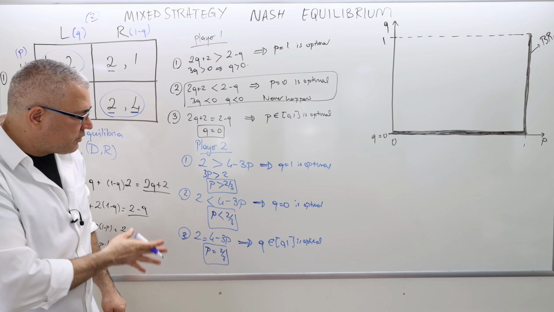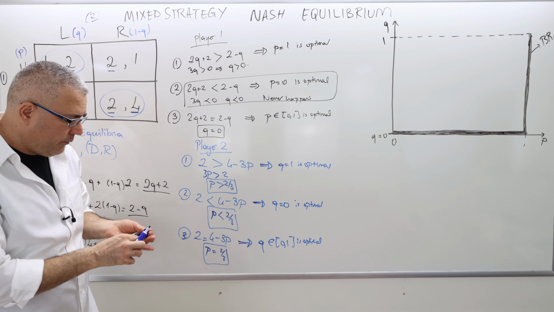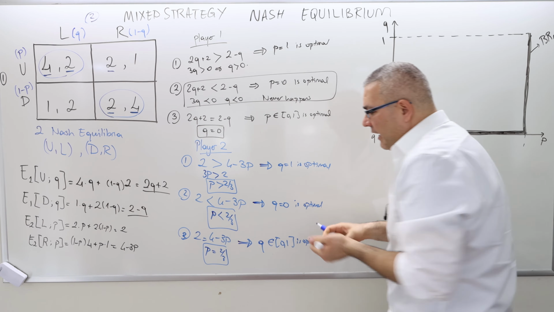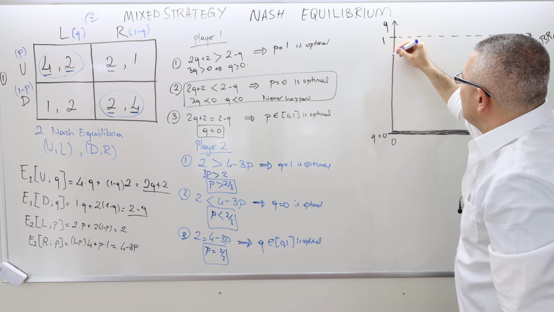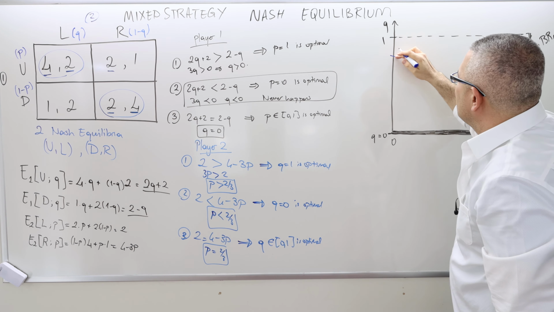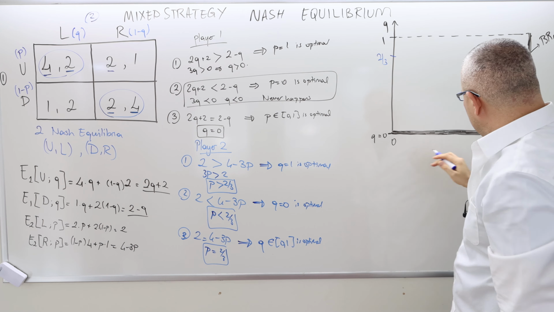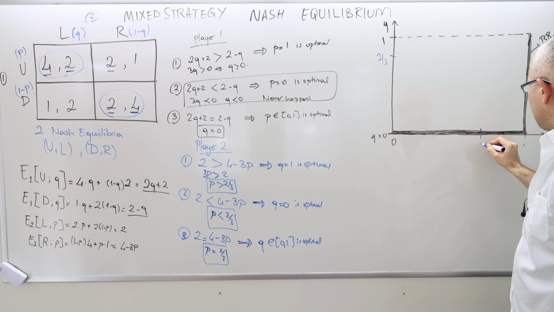All right. So let's draw the best response function for player 2. Let's draw this step function, and here the cutoff is 2/3. So let's say this is Q, this is P, I'm sorry. P equals 2/3, so something around here.